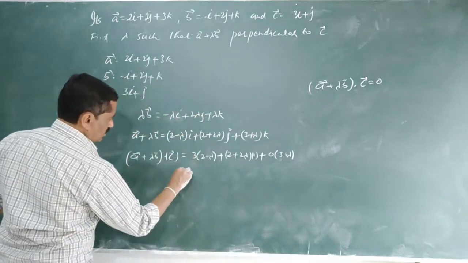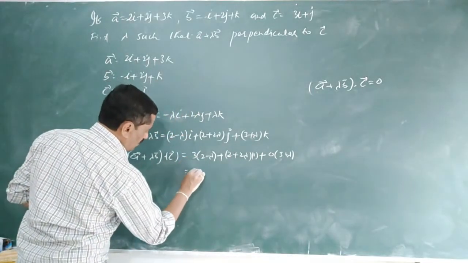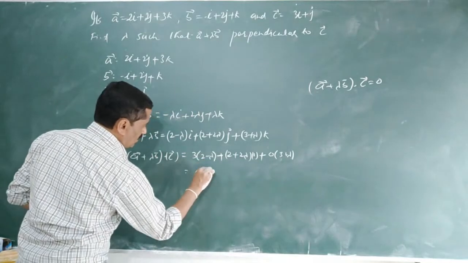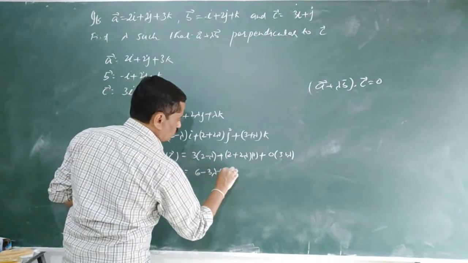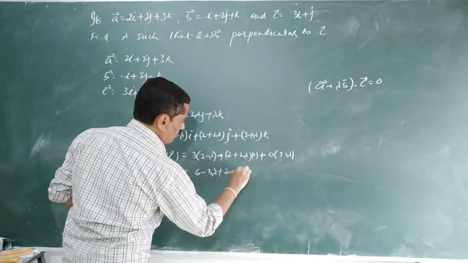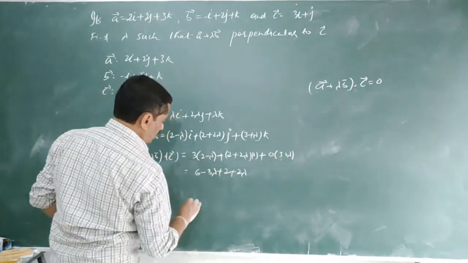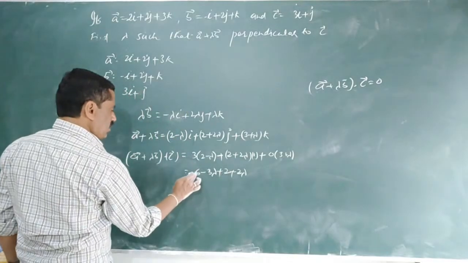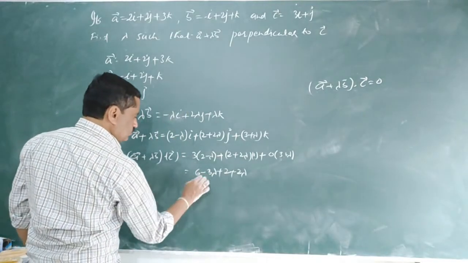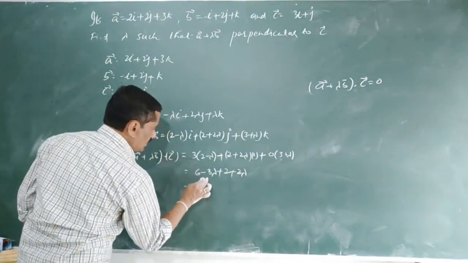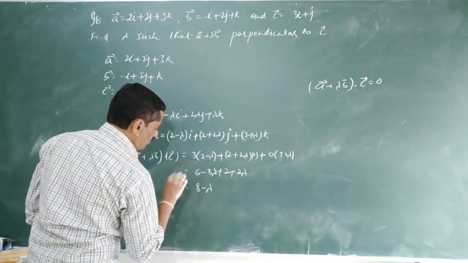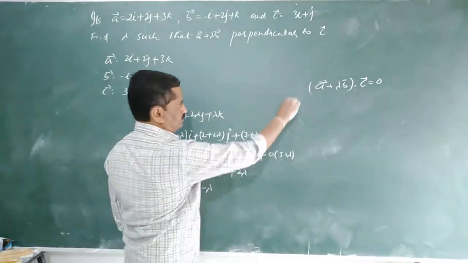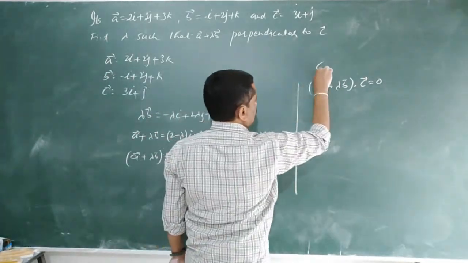Again simplification, that is equal to 3 into 2, we have 6 minus 3 into lambda, 3 lambda, again plus 2 into 1, 2, plus 2 lambda into 1, we have 2 lambda, this is 0. Again that is equal to, so we have 6 plus 2, that is 8, again we have minus 3 lambda plus 2 lambda, minus lambda.